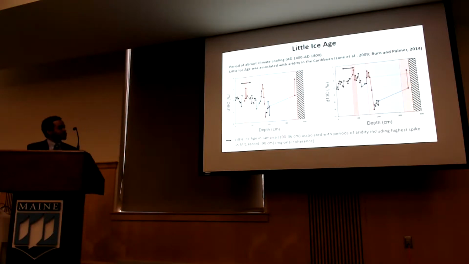Here I have the stable oxygen isotope record and stable carbon isotope record. Important to note is that positive values indicate periods of aridity and more negative values indicate more mesic climates. The red tiles indicate aridity and blue tiles indicate wetter climates. We see that the temporal span of the Little Ice Age, indicated by the black arrows, also coincides with increased aridity. Therefore, it was dry in Jamaica during that period.